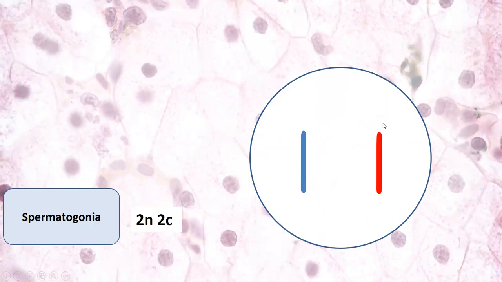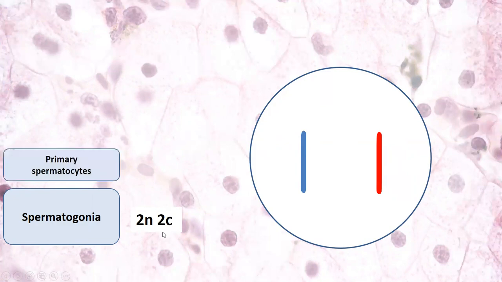There are 23 pairs, but we'll look at 1 pair, 1 chromosome and another chromosome. Both chromosomes are made up of 1 chromatid. It's the appearance of chromosomes before the duplication of DNA. All somatic cells, before they pass through the synthetic period of interphase, have this karyotype 2N, 2C.